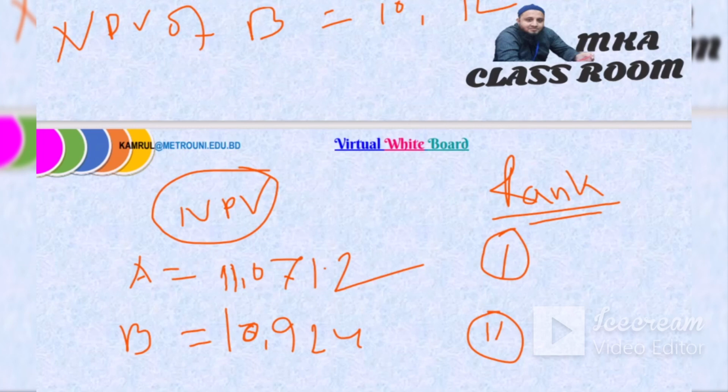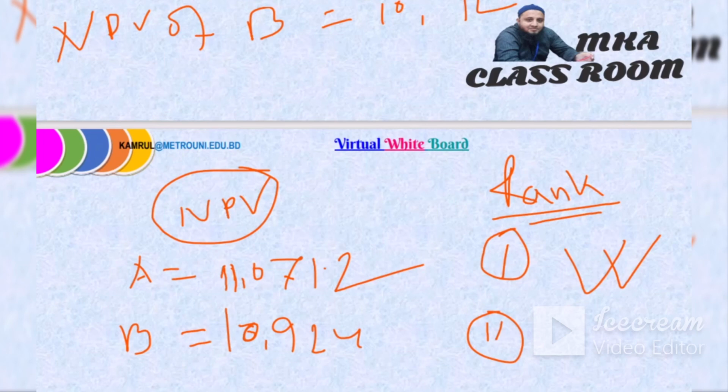So if these two are mutually exclusive projects, then we can easily take project A for our decision. If these two are independent projects, then we can take both of them.